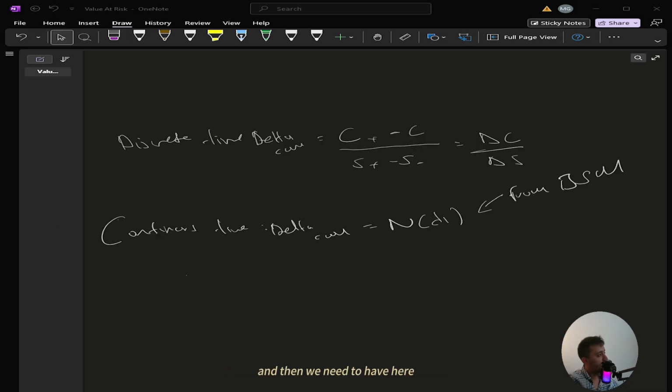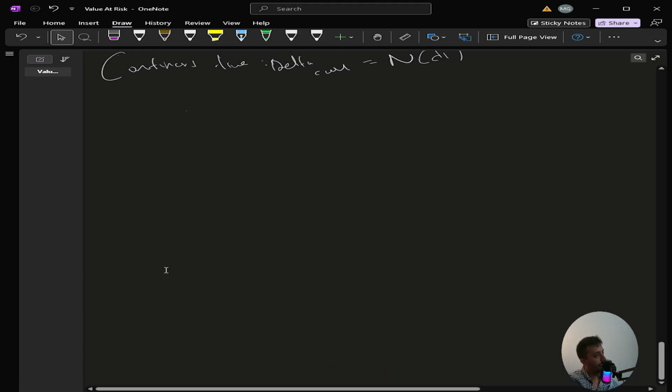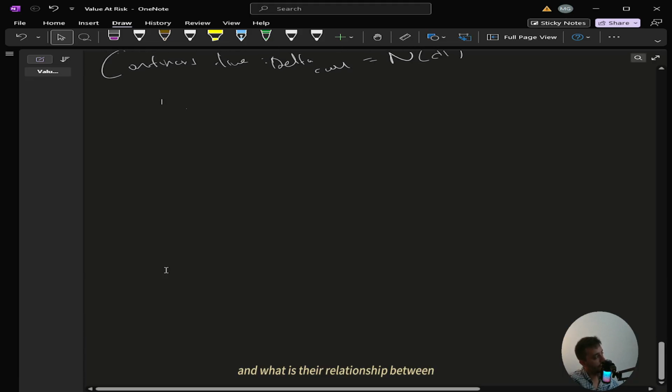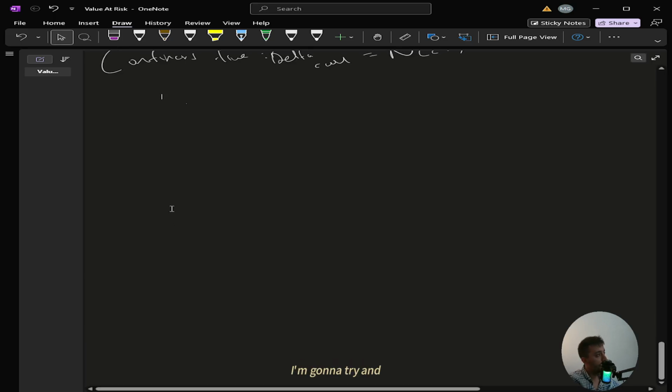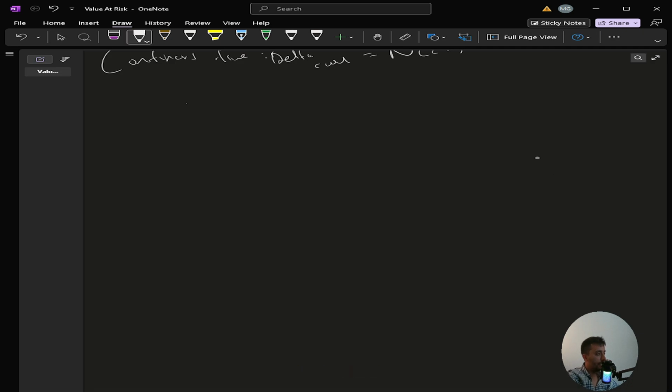And then we need a graphical depiction to understand delta and the relationship between in the money and at the money, and what the curve looks like. I'm going to try to draw a curve and a graphical depiction here.